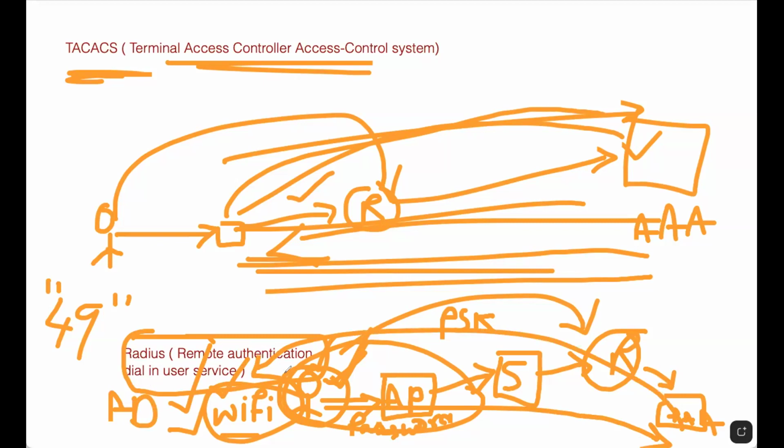We can use the PSK, the pre-shared key, but that is open for everyone. We don't want our guests to know our password and log into our corporate Wi-Fi. To avoid that, we let only users authenticate via AD, and we give them the access. Okay. Any questions on that, guys?